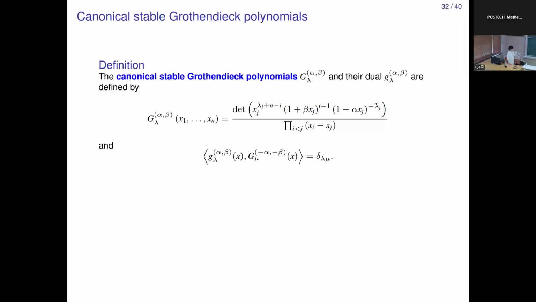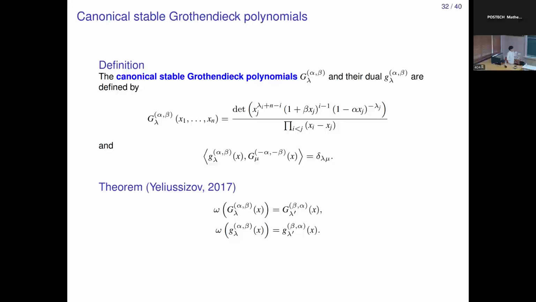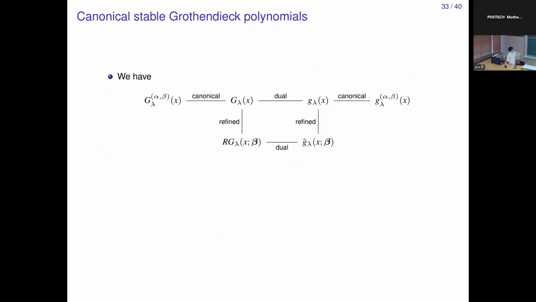And there are dual versions like this. He showed that we have somewhat expected properties, although we have to change a little bit, but still in the same family. So in summary, we have these connections: Grothendieck and dual and refined, canonical, alpha, beta.